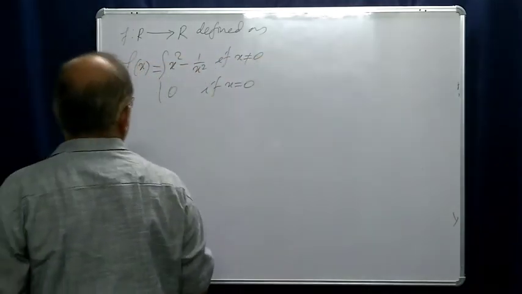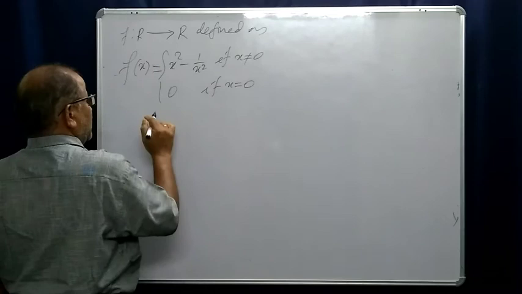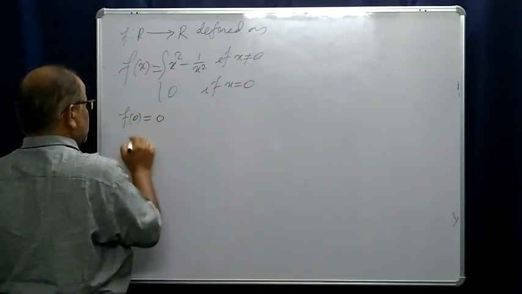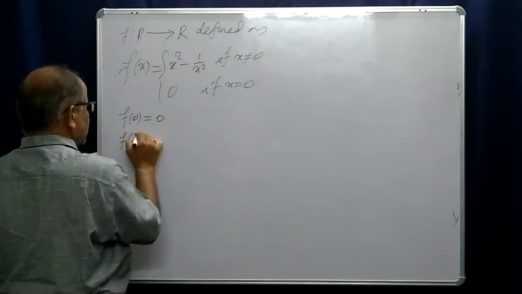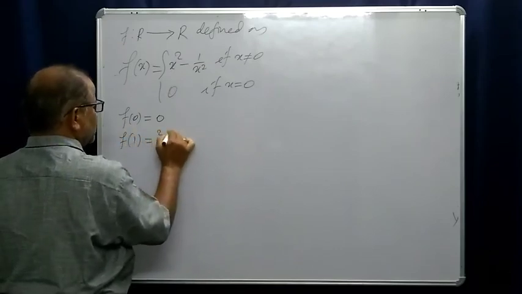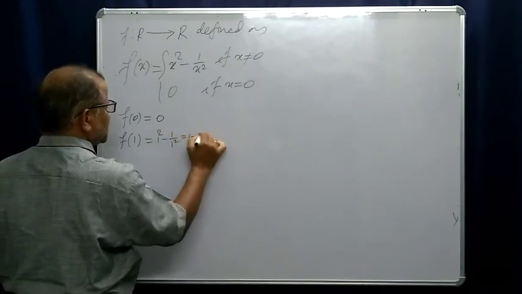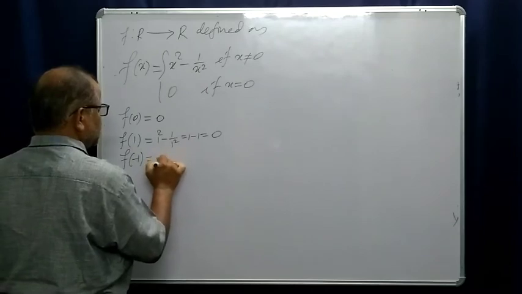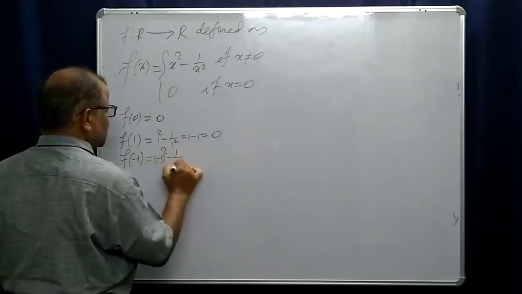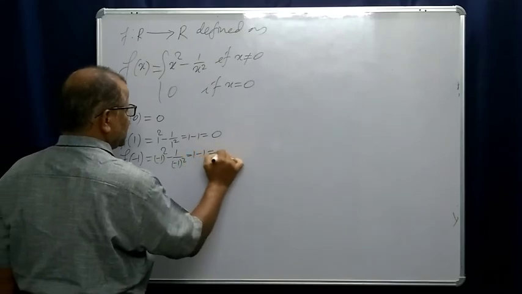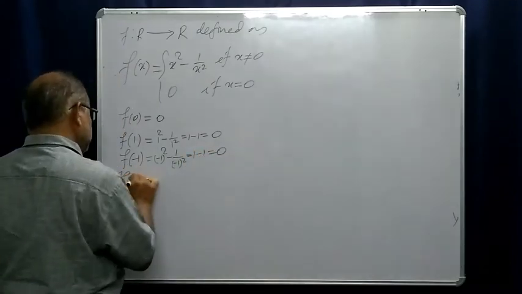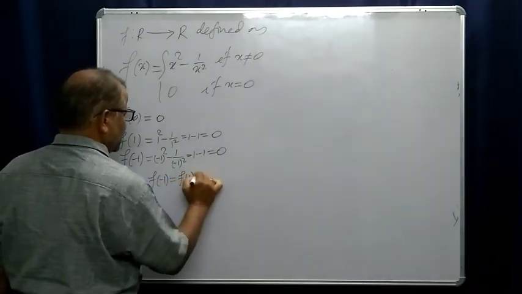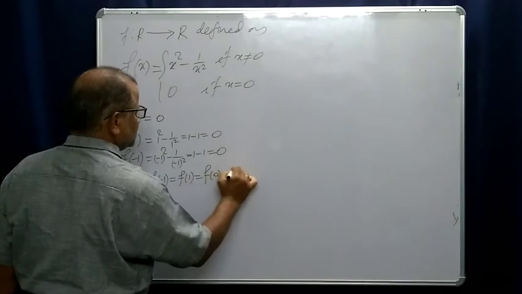Let us test. You see, f of 0 is 0, f of 1 is 1 square minus 1 by 1 square, that is 1 minus 1, that is 0. f of minus 1, this is also minus 1 square minus 1 by minus 1 square, that is 1 minus 1, that is also 0. Thus, f of minus 1 is equal to f of 1, that is equal to f of 0, that is equal to 0.